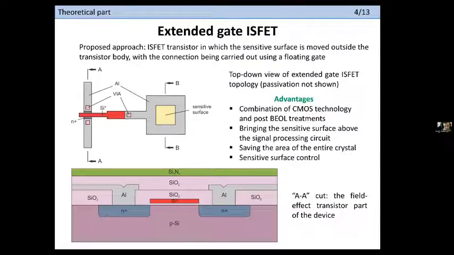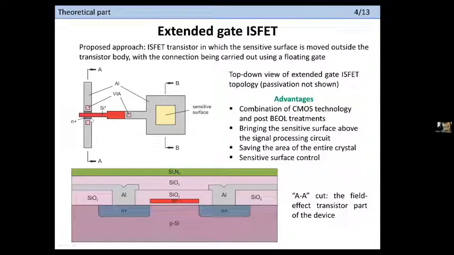So we have the topology of the transistor on the slide. It can be broken down into three main parts. The first is the standard MOSFET structure, which is also shown at the bottom of the slide, with the polysilicon gate.